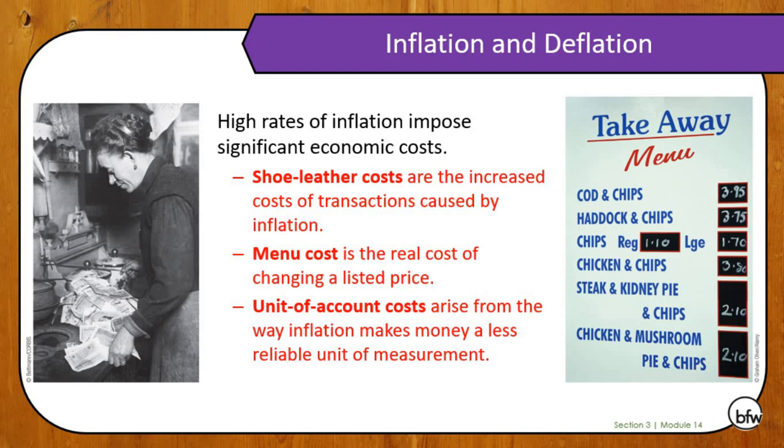Now, these are the 3 costs of inflation that you're going to write down. The first cost is called shoe leather costs, which is the increased cost of transactions caused by inflation.